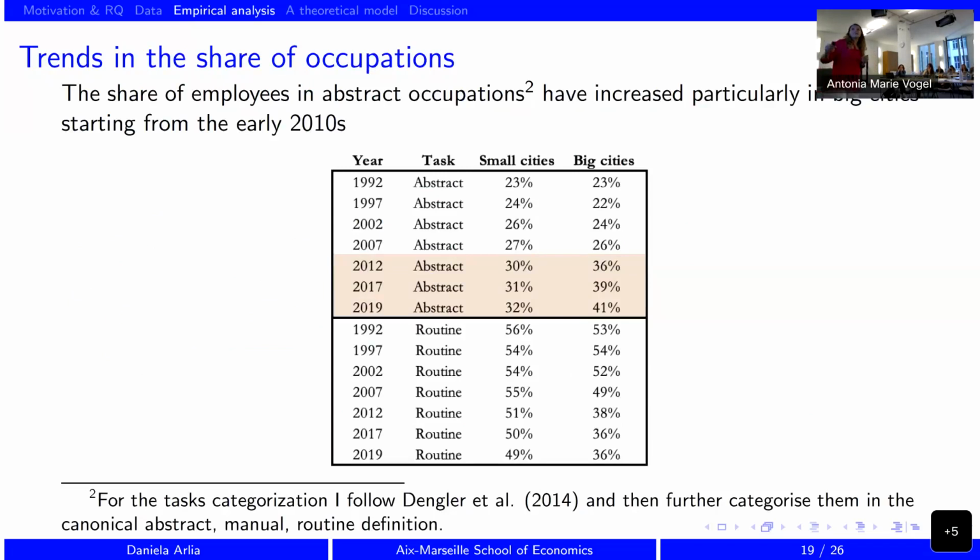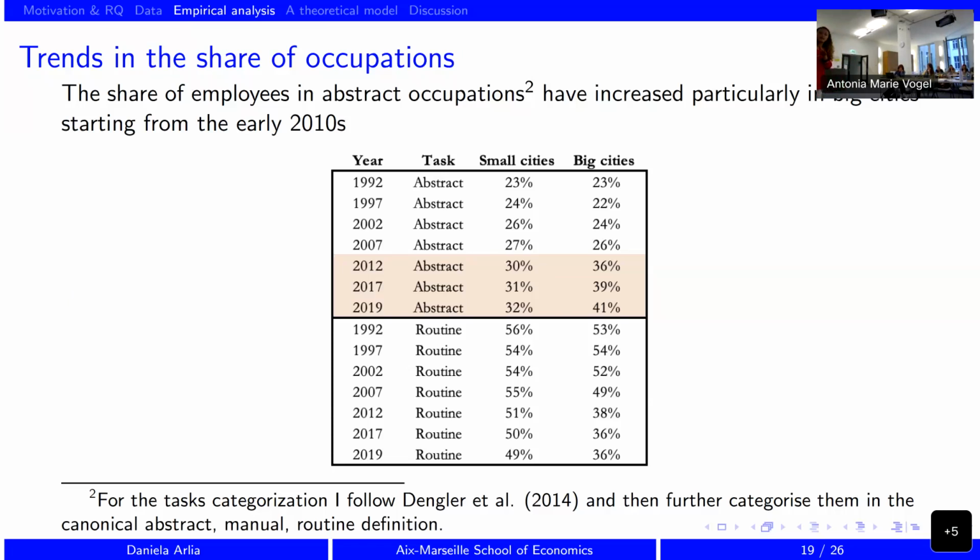In 2012, in big cities, the share of abstract jobs was 36%, and in 2019, it was 41%, while in small cities, it goes from 30% to 32%. While the share of routine, so here you have the share of routine from 1992 to 2019, it decreased in the small cities and in the big cities as well, but much more in the big cities.